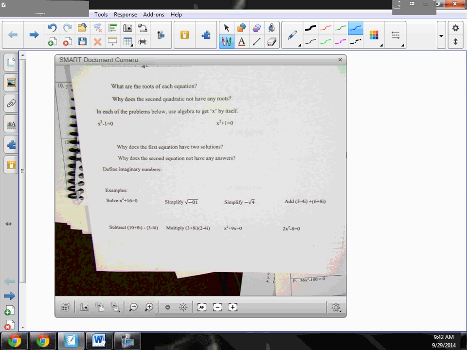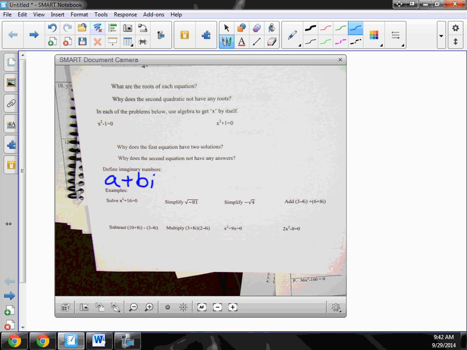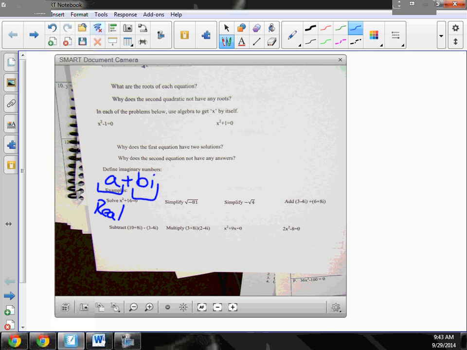Imaginary numbers come in the form a plus bi, where a and b are both real numbers. So every imaginary number has a real part and an imaginary part.